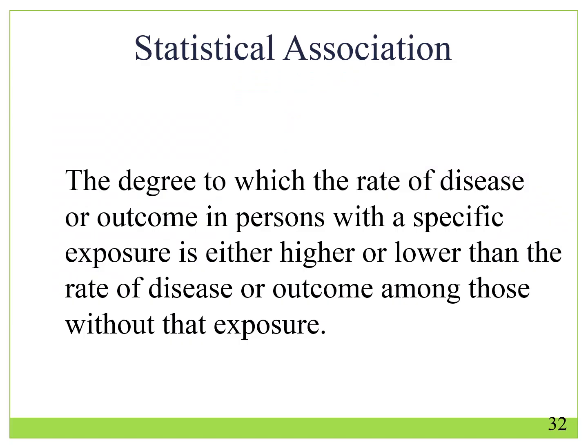And then, what is statistical association? It is the degree to which the rate of disease or outcome in persons with a specific exposure is either higher or lower than the rate of disease or outcome among those without that exposure.